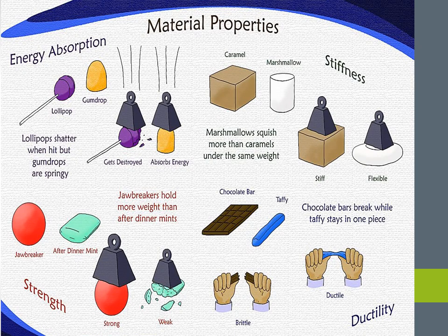Some of our favorite eatables also exhibit material properties. Caramel, which we all chew upon, is quite stiff in nature. A chocolate bar is brittle, and after dinner mint is weak, and lollipops, due to their brittleness, get completely destroyed on absorbing energy.